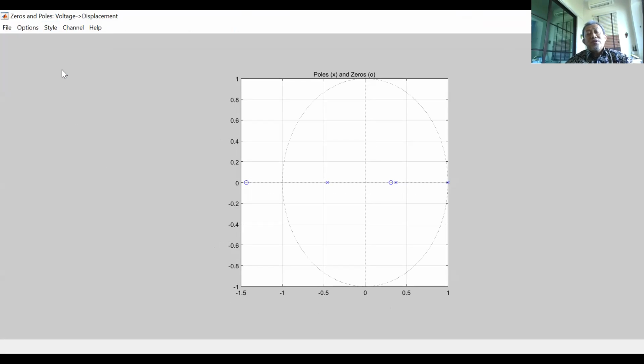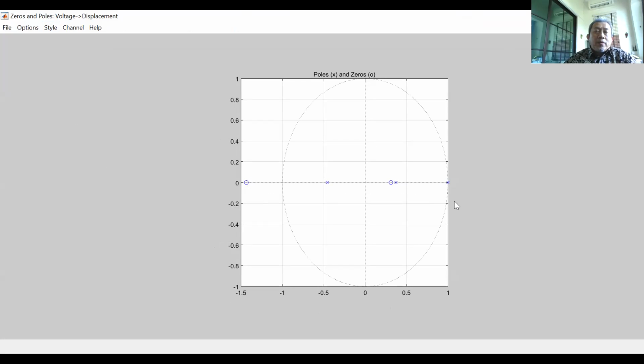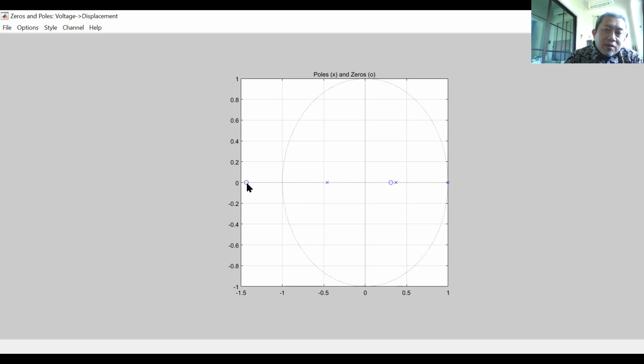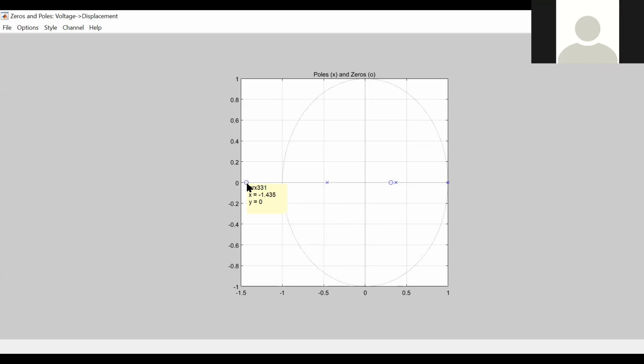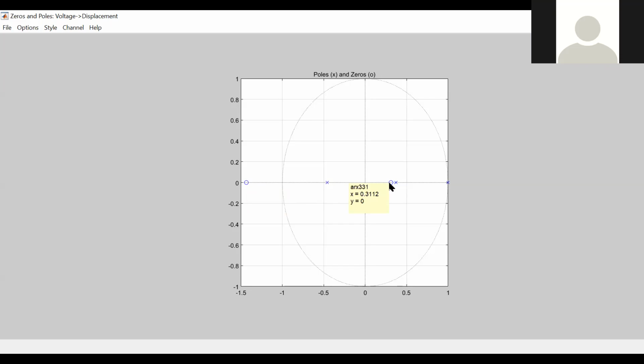Nampak? Nampak. So ada dua zeros, 3 poles kan? Yes. System stable, non-minimum phase. Value macam mana? Daniel? The zeros is in the negative part of the real value at negative 1.43, and at the positive part of the real value, which is 0.31.